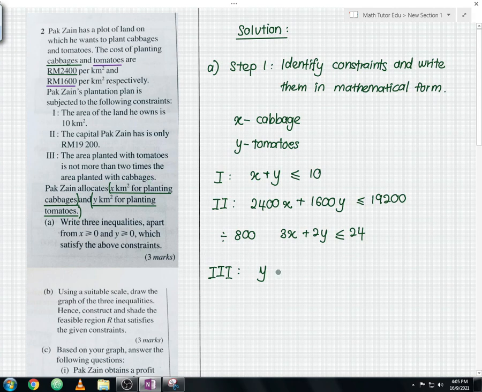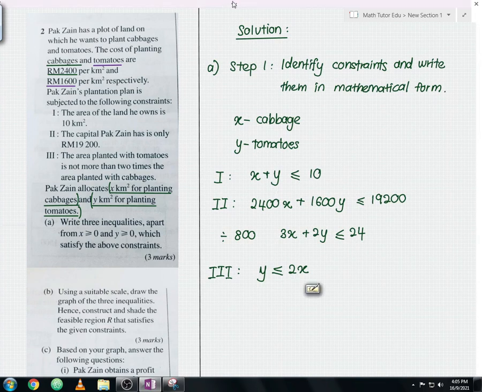Not more than 2 times means it should be less than or equal to 2x. So your tomato is y and your cabbage is x, which fulfills the condition. It should be less than or equal. So this is the answer, guys.